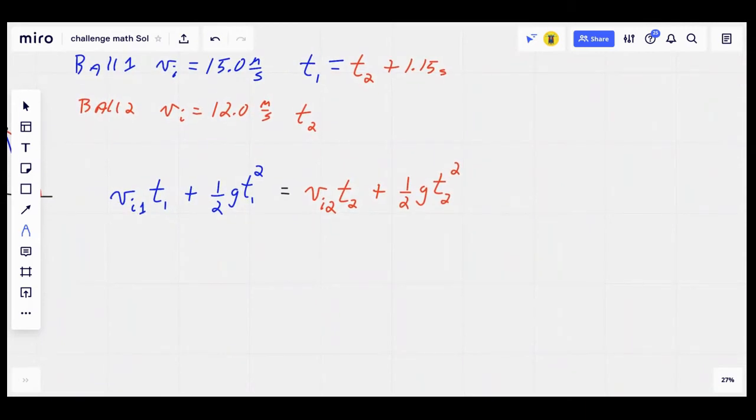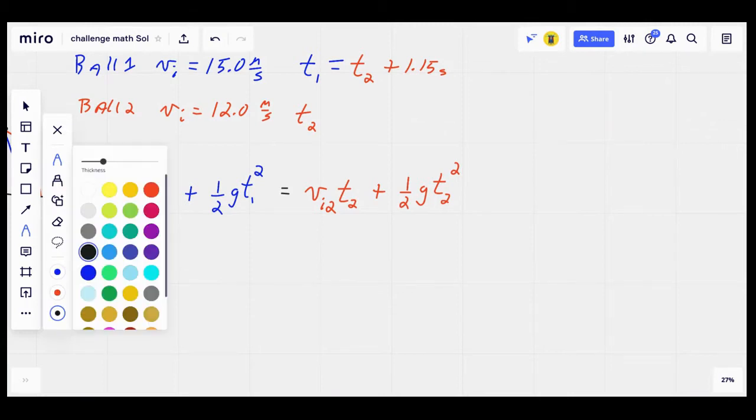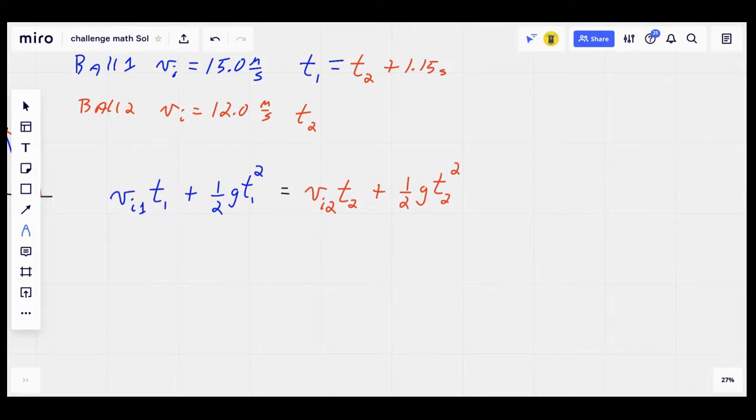I have too many variables, so I need to substitute this expression up here in for T1 in these locations. So let's do that.